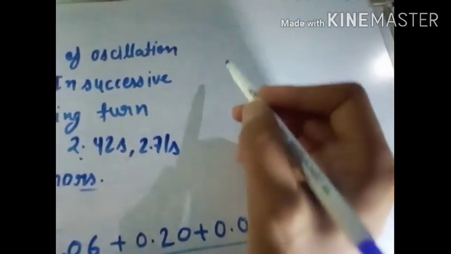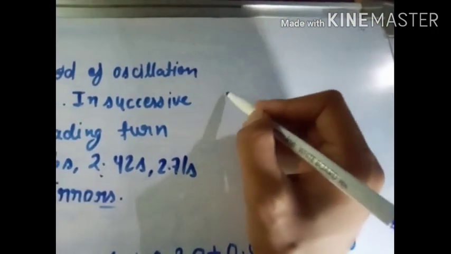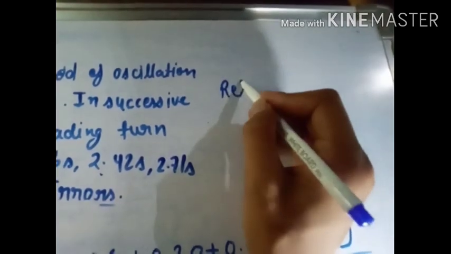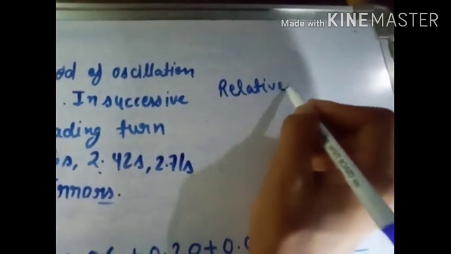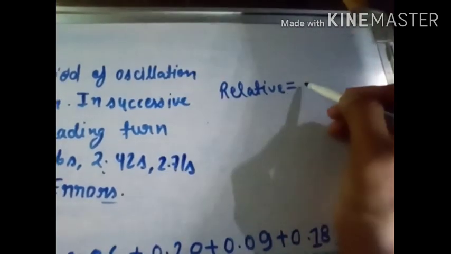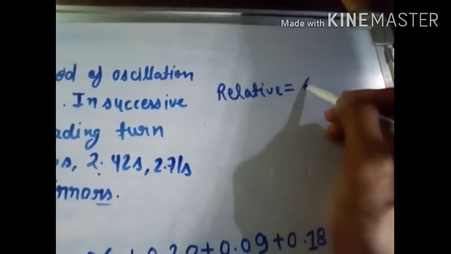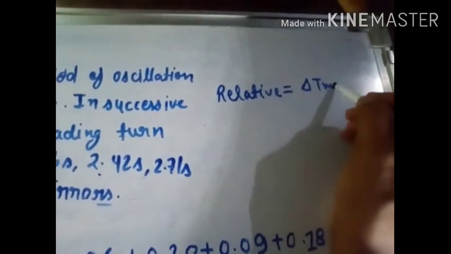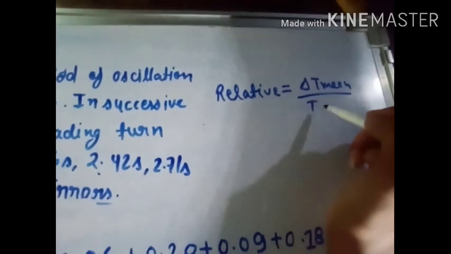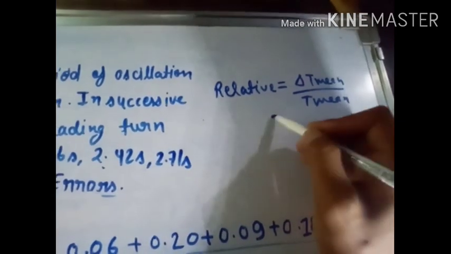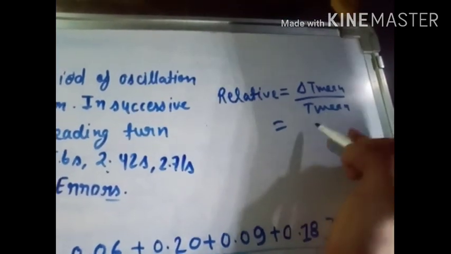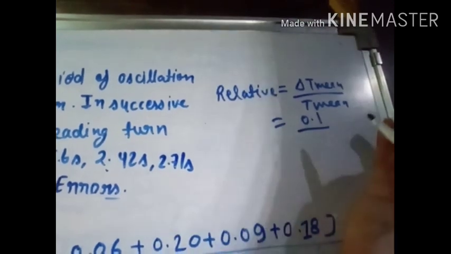Look here, I am going to calculate the relative error. The relative error is written as delta t mean upon t mean. Understood? So delta t mean you have calculated as how much? 0.1. Very good.